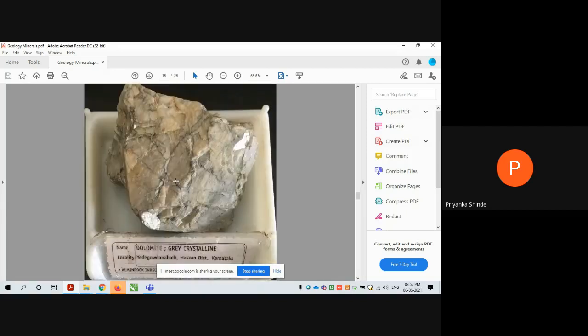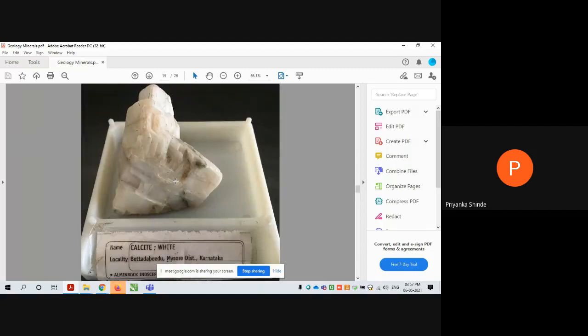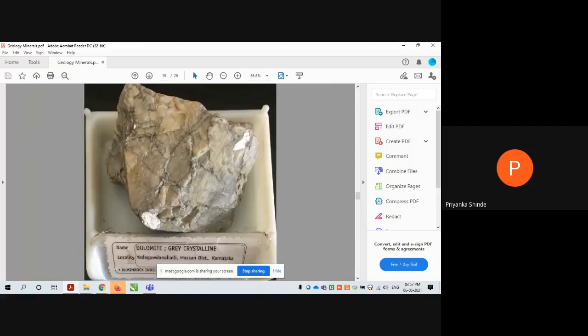So these are the two minerals, calcite and dolomite. The only difference is the calcite contains only calcium carbonate, and dolomite, along with calcium carbonate, contains Mg, that is magnesium also. That is the only difference. Both of these occur in sedimentary rocks, remember. Then the use, as I told you, the composition is CaCO3, that is lime.